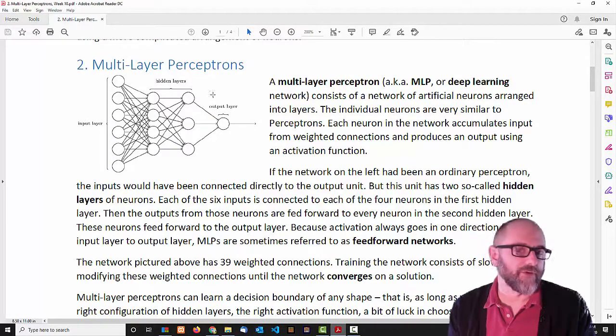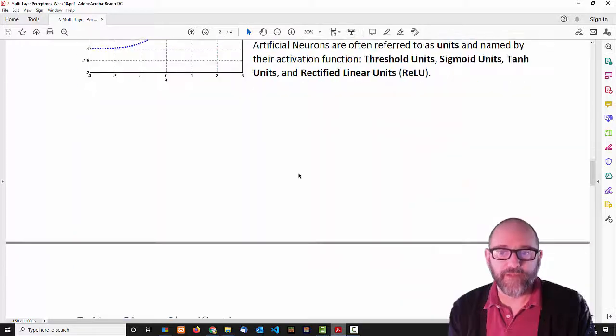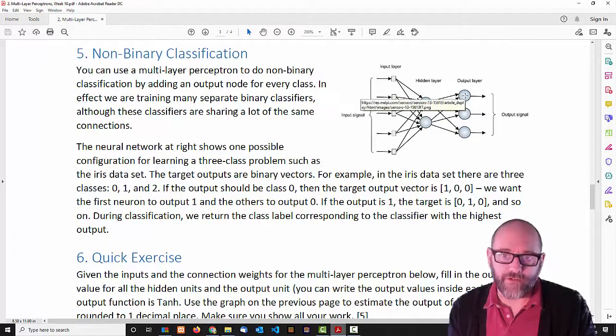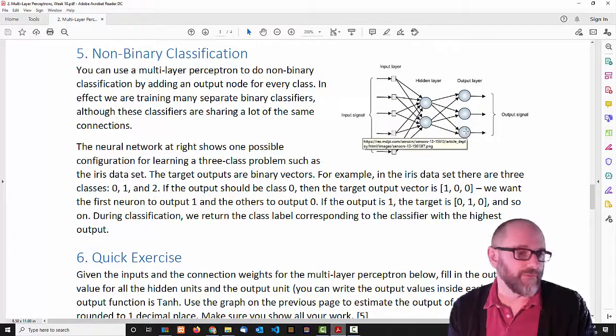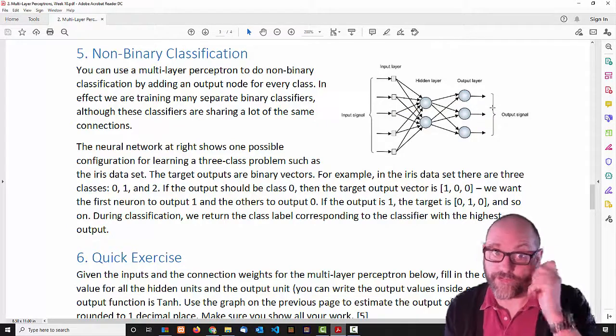And basically what you're trying to train then is the first unit. Let's go back to the picture here. This unit will do class 1, this unit will do class 2, this unit will do class 3. And it's kind of like naive Bayes. Whichever one has the highest output would be the one that you would use to classify if you're looking for an exclusive classification.